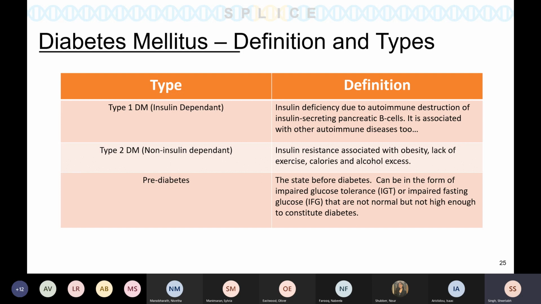And then pre-diabetes, so basically you're on your way to diabetes unless you do something soon. It can be in the form of impaired glucose tolerance or impaired fasting glucose. They won't get a normal result, but it won't be high enough to call diabetes at that point, and we'll go through that in just a tick. Can I have next slide, please?